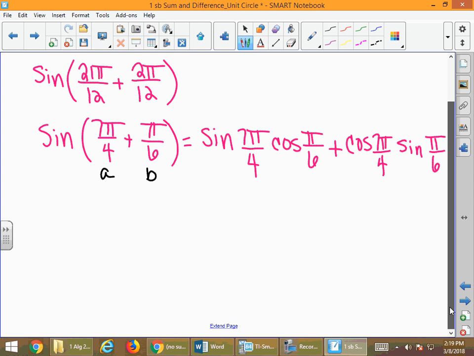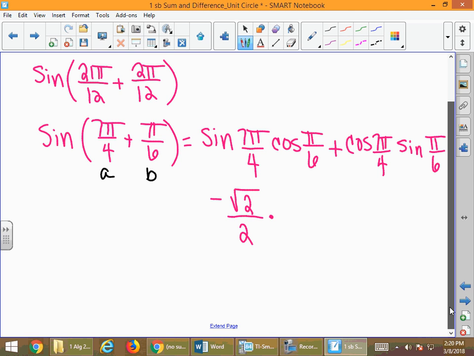7 pi over 4. What quadrant is that in? It's in quadrant 4. So we need to keep that in mind. Because when we figure out sine of 7 pi over 4, it's going to be square root of 2 over 2, but is it going to be positive or is it going to be negative? And sine is negative in the fourth quadrant.